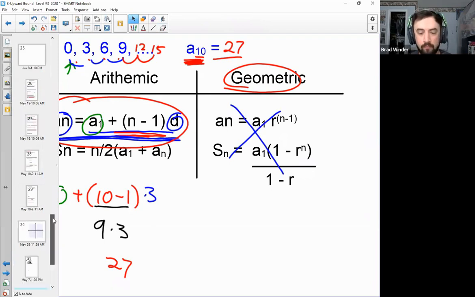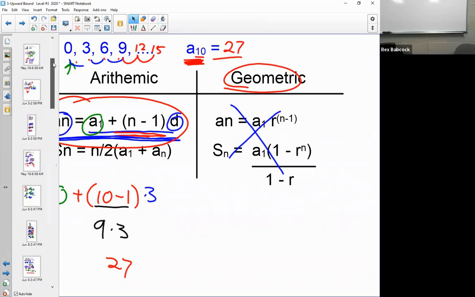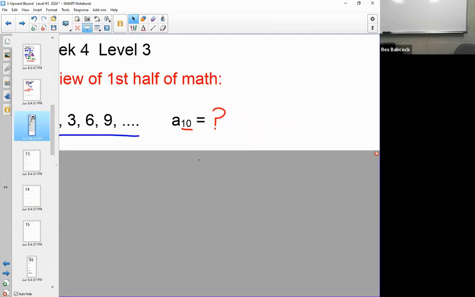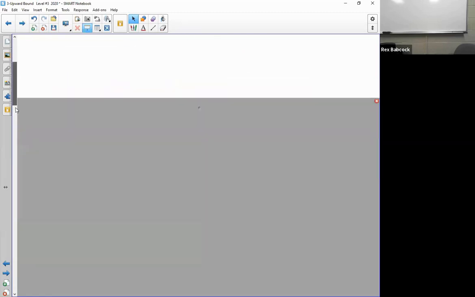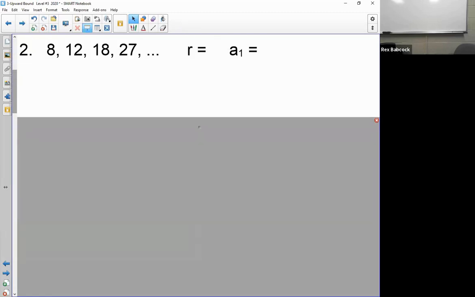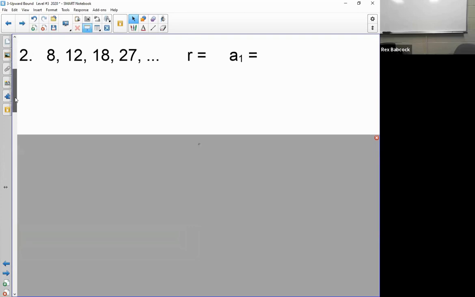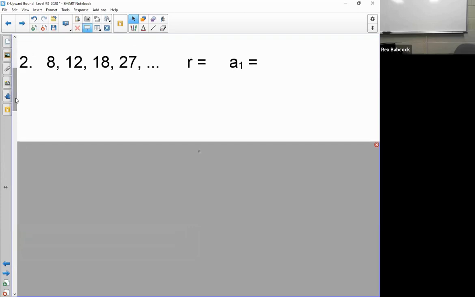Let's go back and take another look. That was the first one that we worked. Problem number 2 on review of what we've had so far. On this one right here, it says we have a series again, 8, 12, 18, 27, and it asks for the ratio and what is a sub 1.